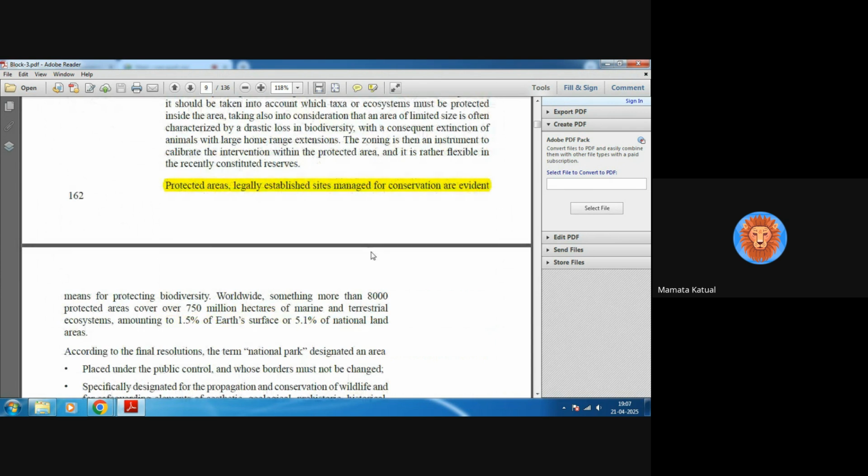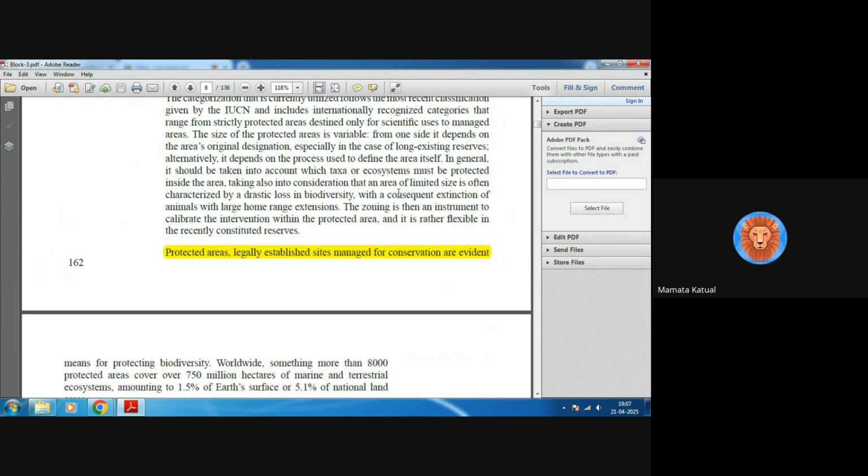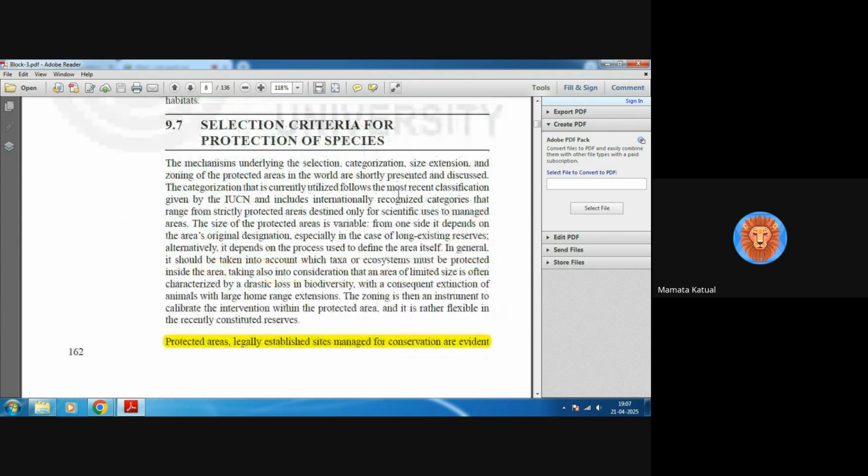So there are many mechanisms for selection. You have to select, then categorize, and zone the protected areas in the world.